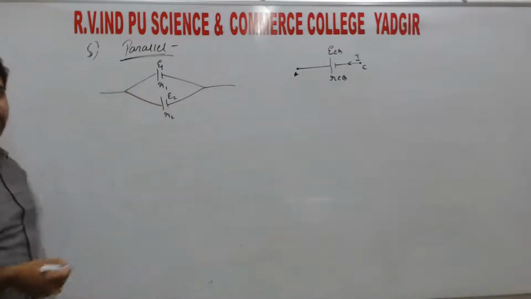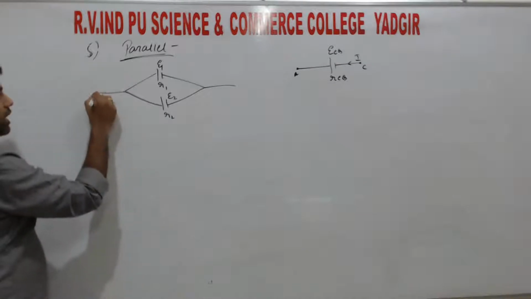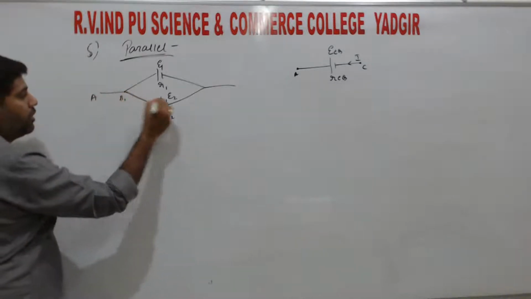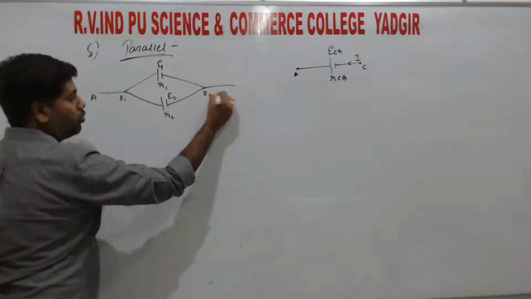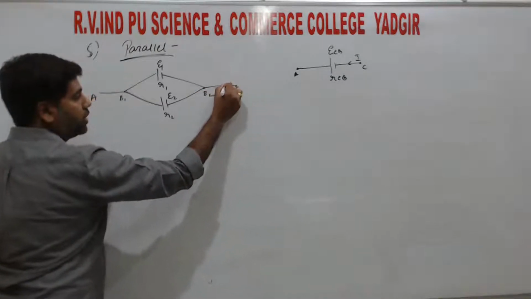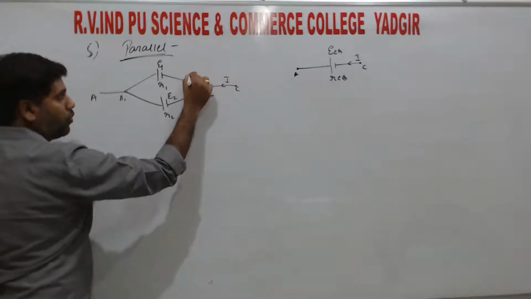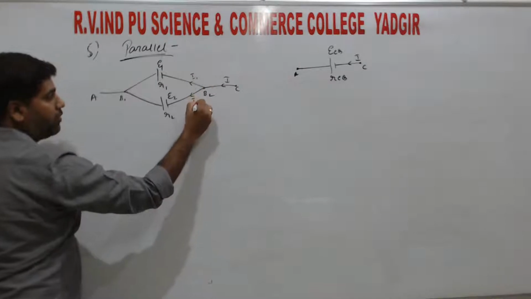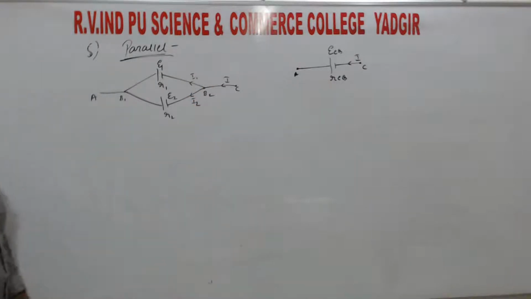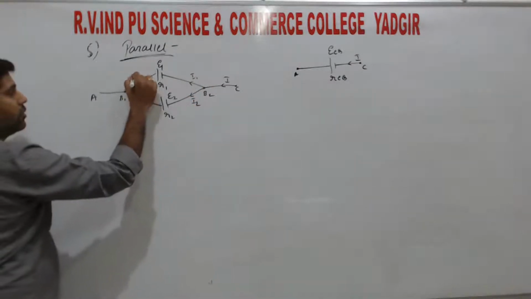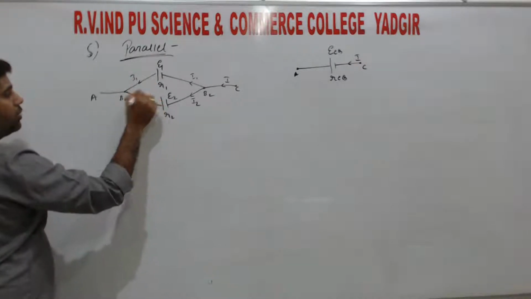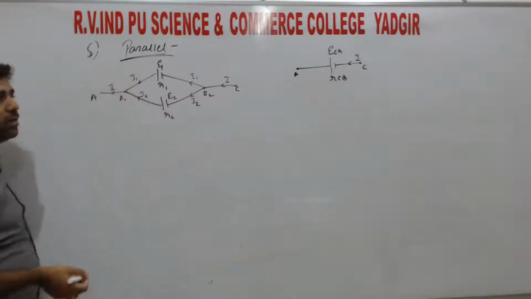In series we had the same current, right? So here we take A, B1, B2 and point C. Here the current flowing is I. In parallel the current gets divided into I1 and I2, right? So again here I1, I2, so we get the current I.